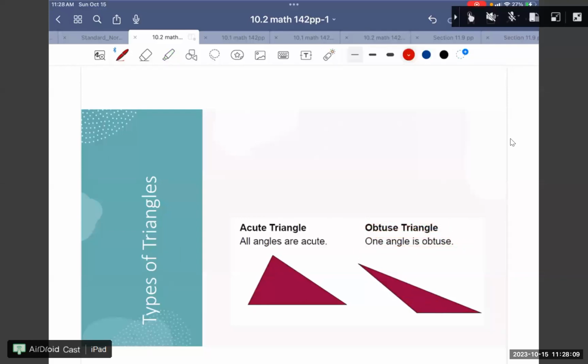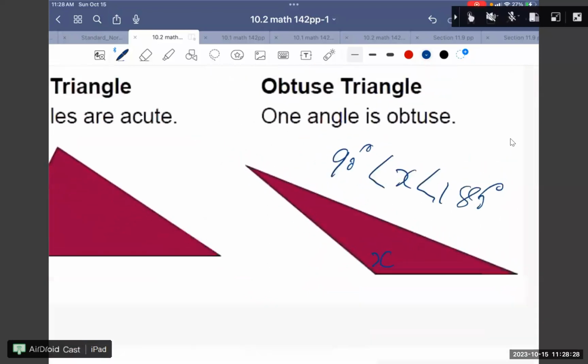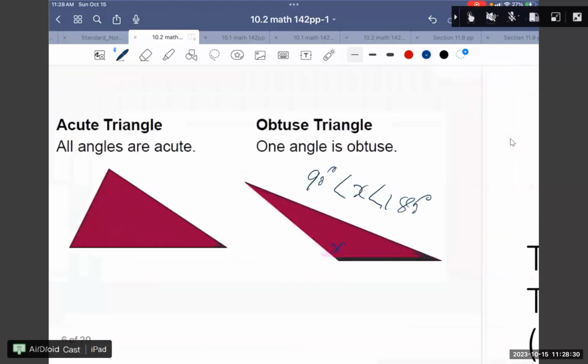I can see this one angle right here is the obtuse angle, 90 degrees less than x, less than 180 degrees. I hope you can see that. That is the angle right there.